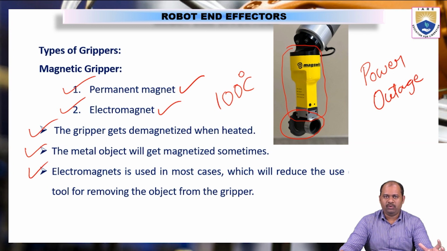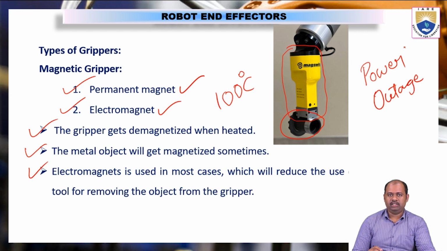The magnet is so powerful that it can lift 50 kilograms of an iron billet. Now, if there is a sudden power outage, what happens? The electromagnet will instantly lose its magnetism, and the object lifted by the robot will instantly fall down. So this is another disadvantage of using electromagnetic grippers.